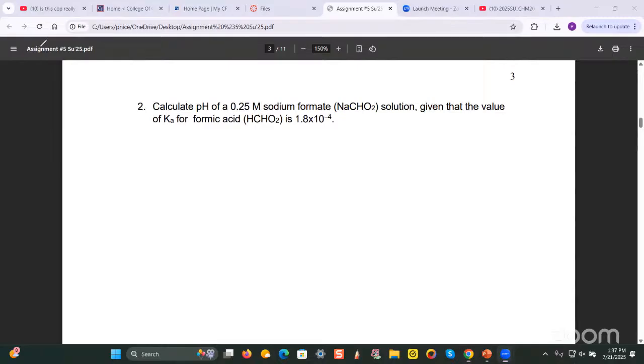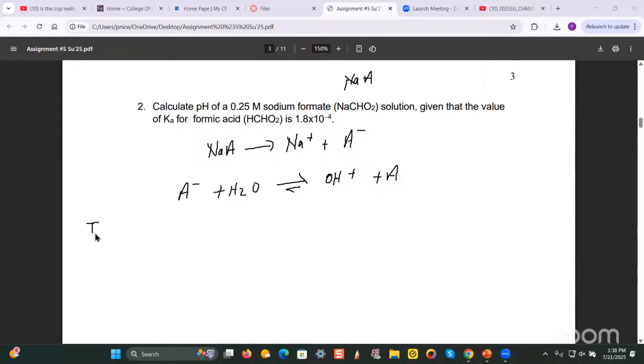The first thing I would do is write down what will happen when sodium formate is dissolved in water. So again, I'm just going to use NaA to represent sodium formate. Sodium formate will dissociate to form Na plus and A minus, and then the A minus will react with water to form OH minus plus HA, right?